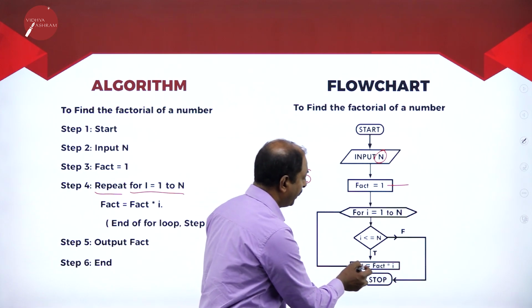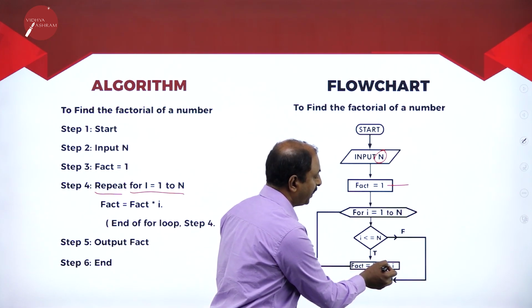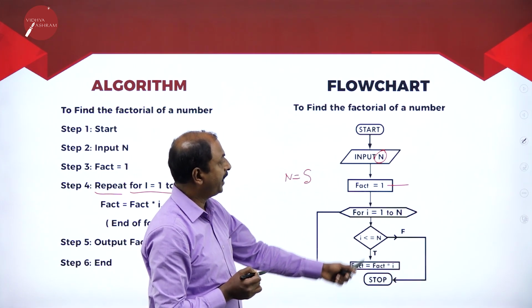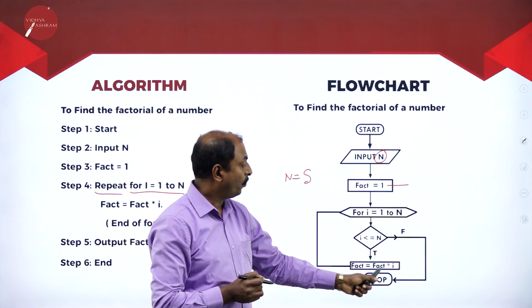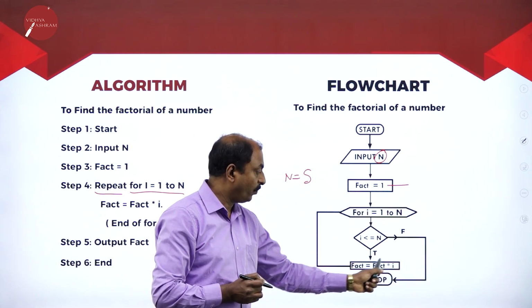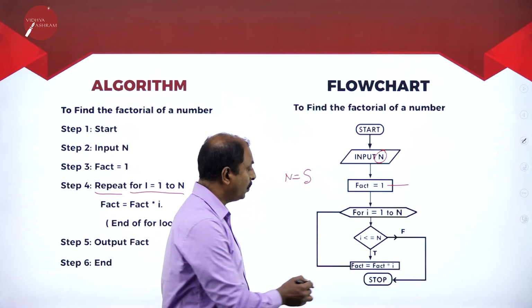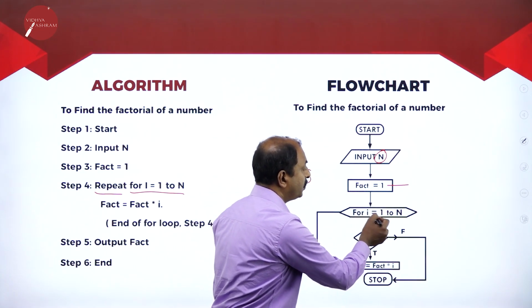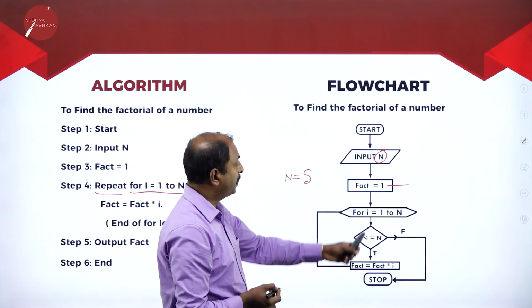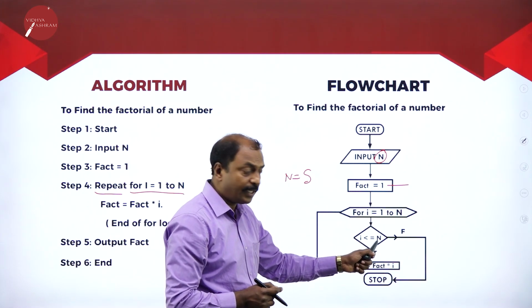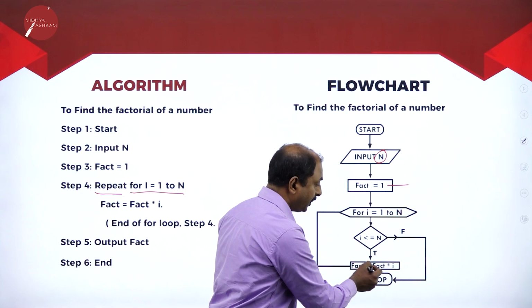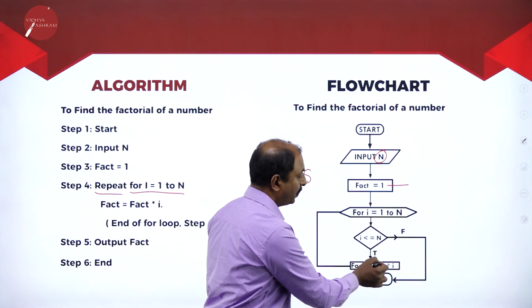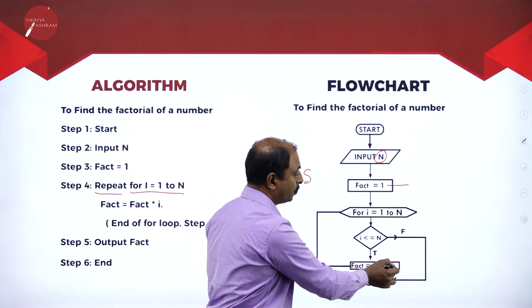So we have to multiply fact equals fact into I. The fact value is 1, 1 into I, which is 1, 1 into 1 is 1. After this, again it comes to this. Now here the I value changes to 2. So it is 2, 2 less than n, it is true. It comes here, then it is fact into 2. Here it was 1 into 2, 2.